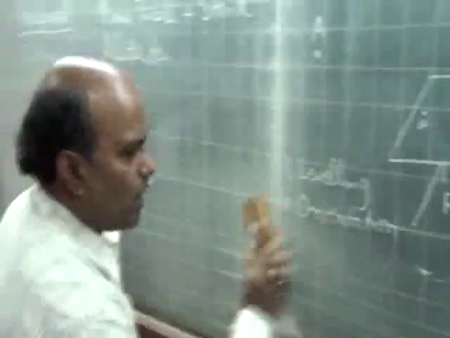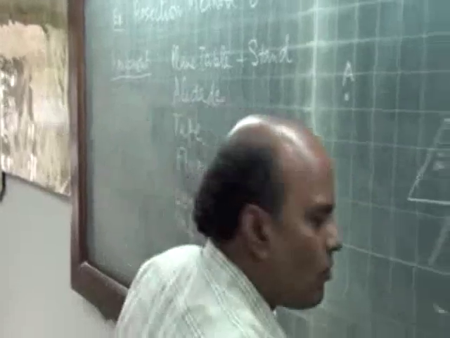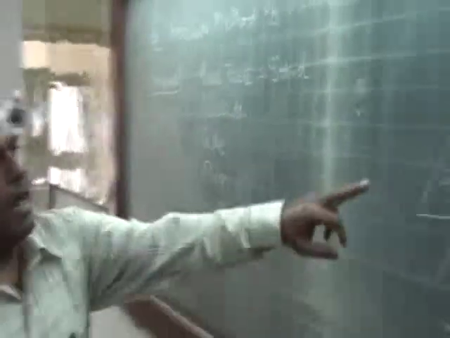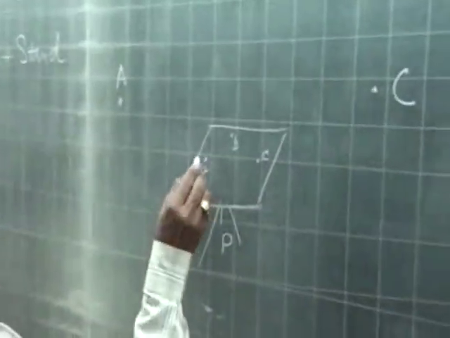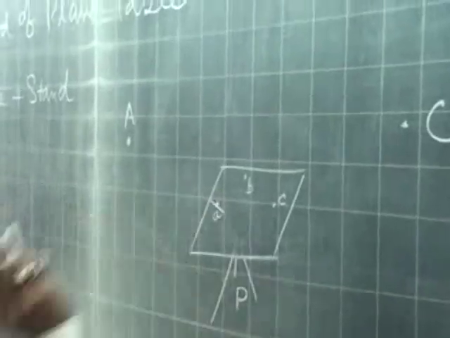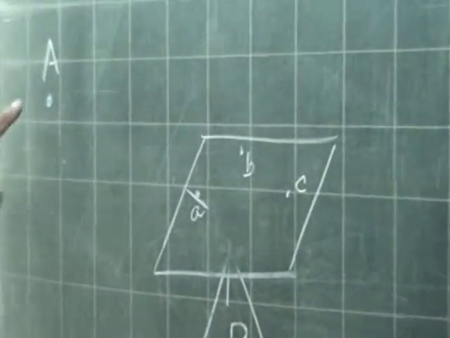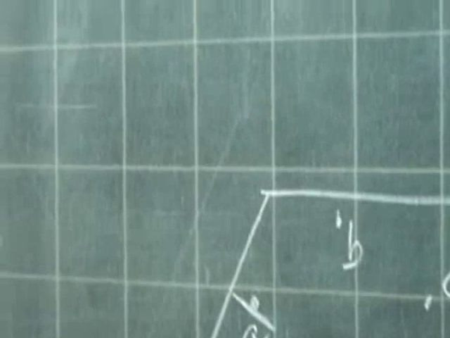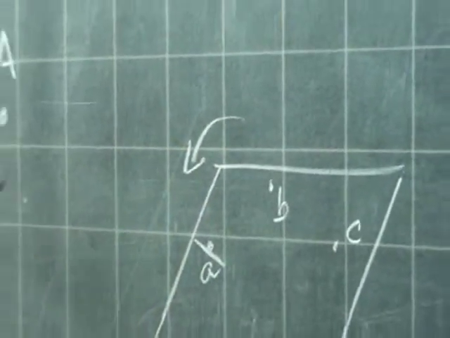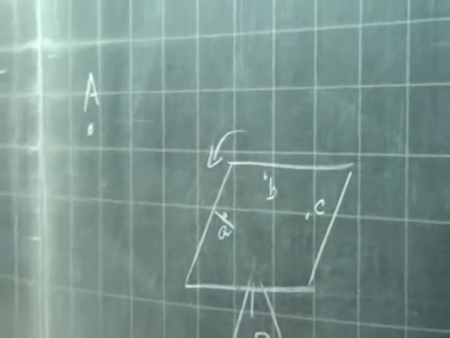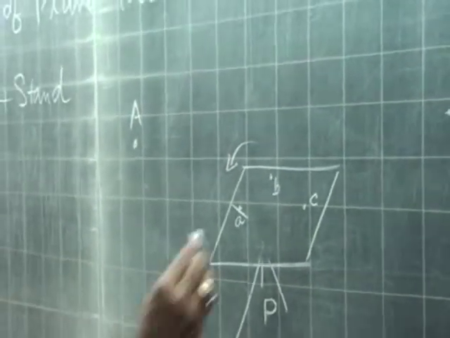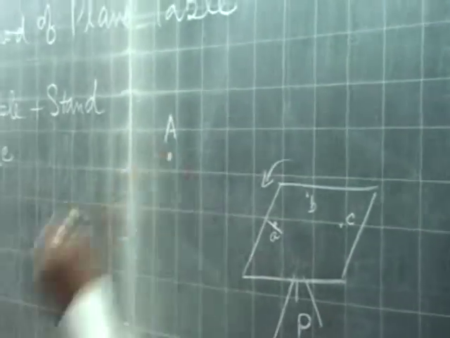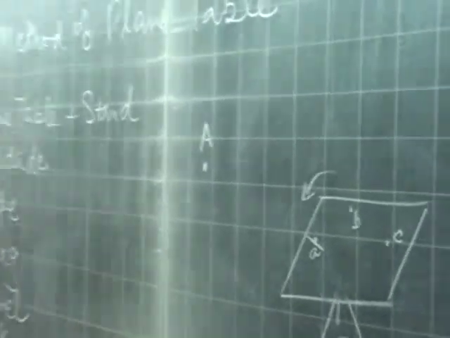With the help of the alidade, we keep the alidade at point a and bisect point A. So we loosen the screw, and rotate the top of the plane table so that small a and capital A are in one line.